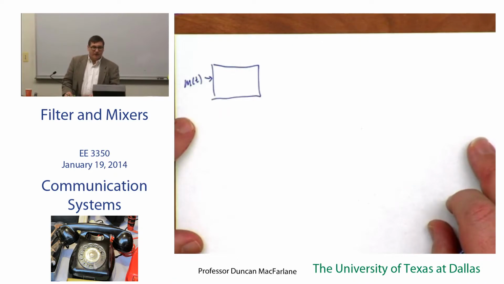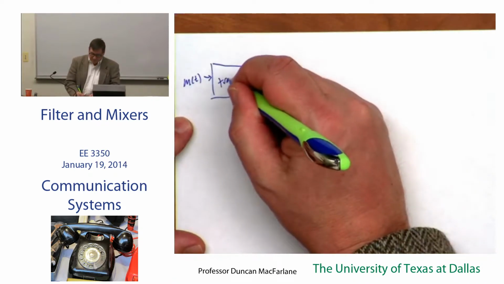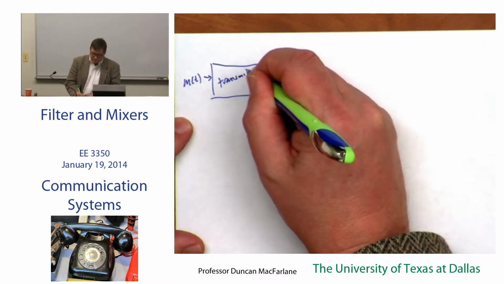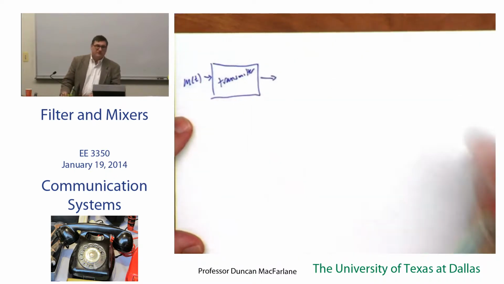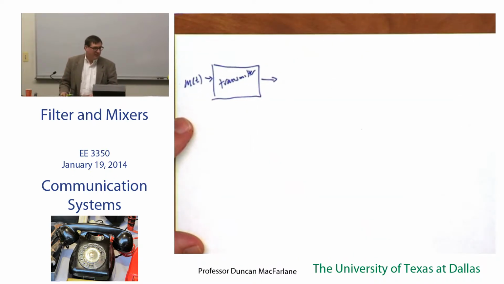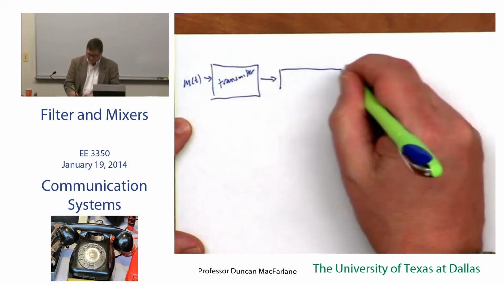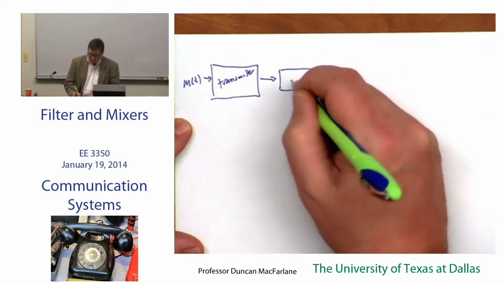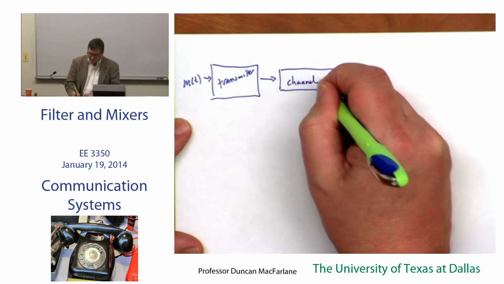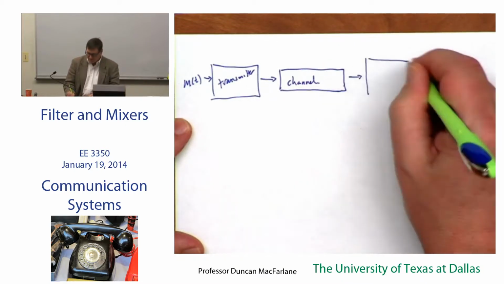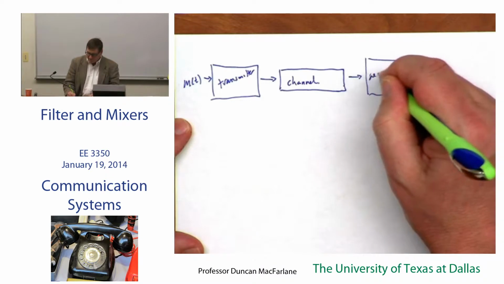So I have an m of t. I have a transmitter. This is not deep. We will get more complicated, I promise. We have a channel. And then we have a receiver.